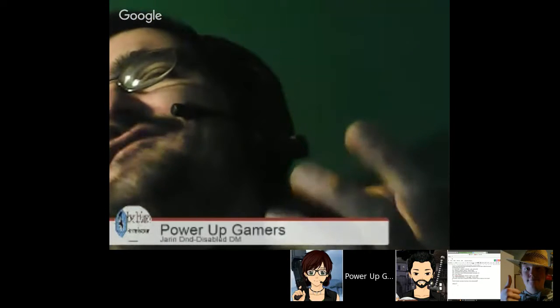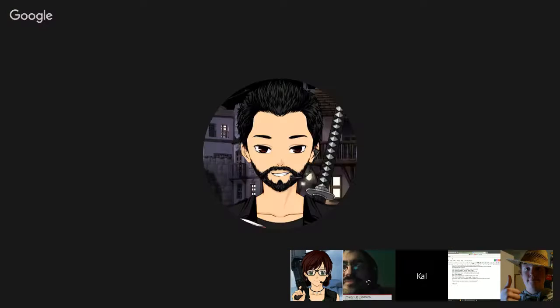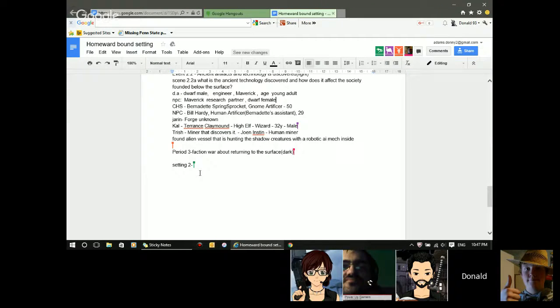So, what is the initial setting for the scene? I kind of like the idea of the group being a strike force with the mechs, humanoid and mechs working together.